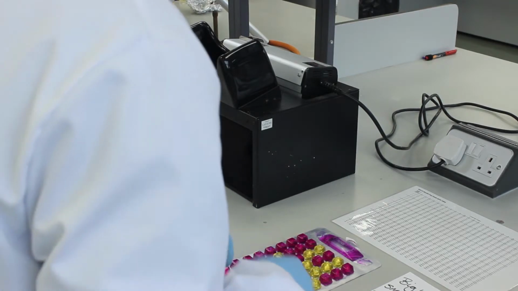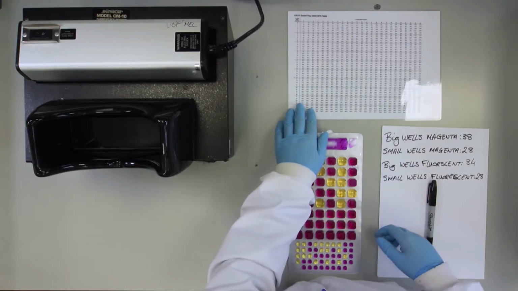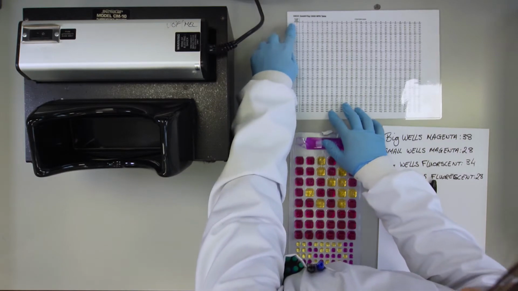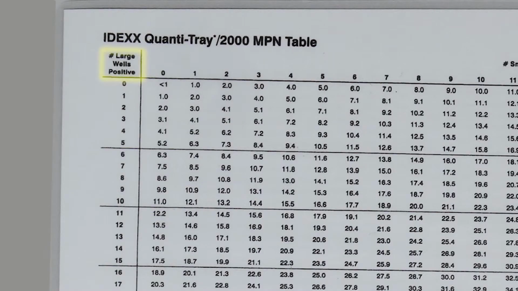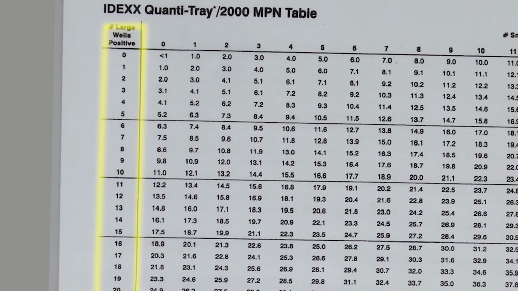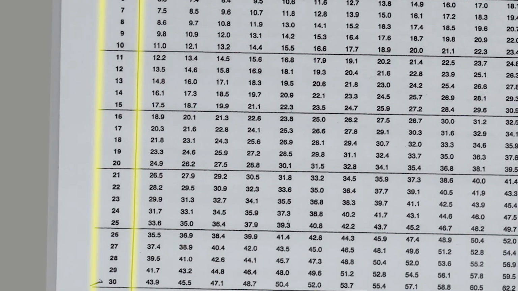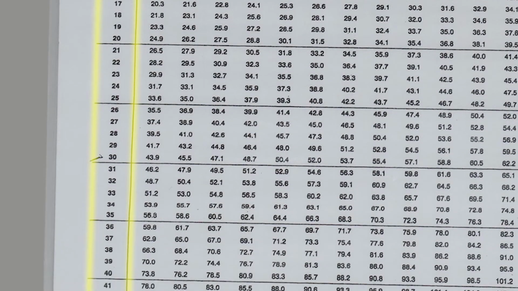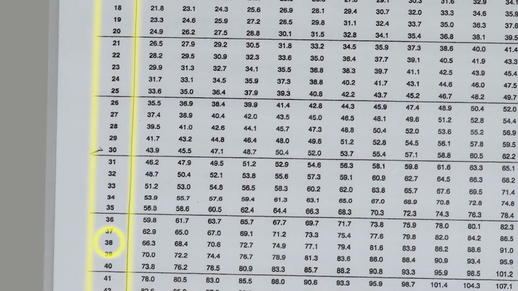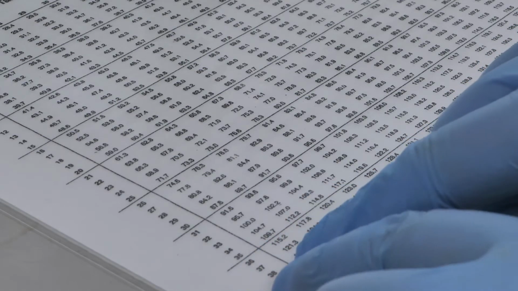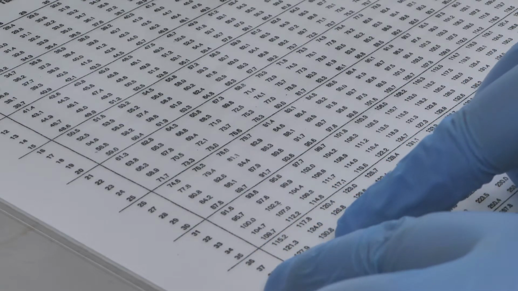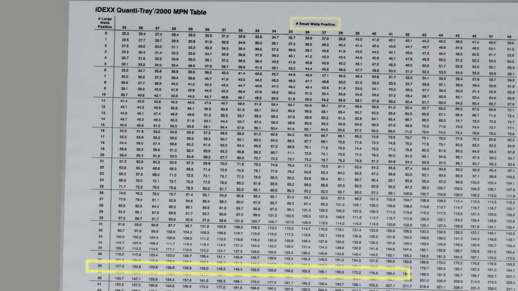In order to determine the most probable number of coliforms, look down the left-hand column until you find the number of large magenta wells observed. Now look across the top row to find the number of small magenta wells.